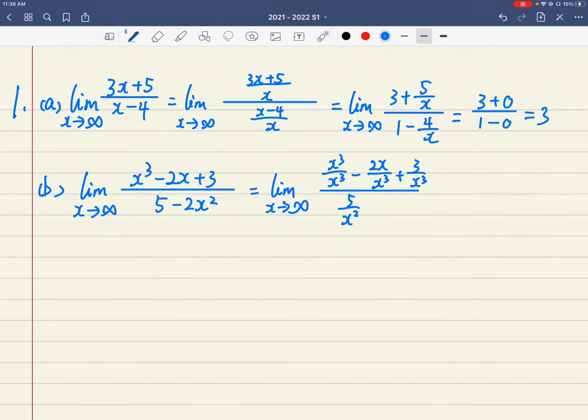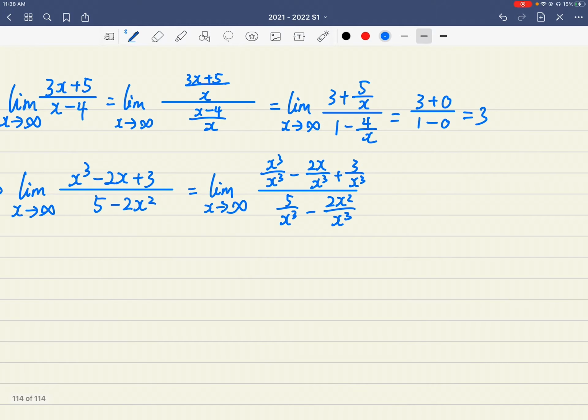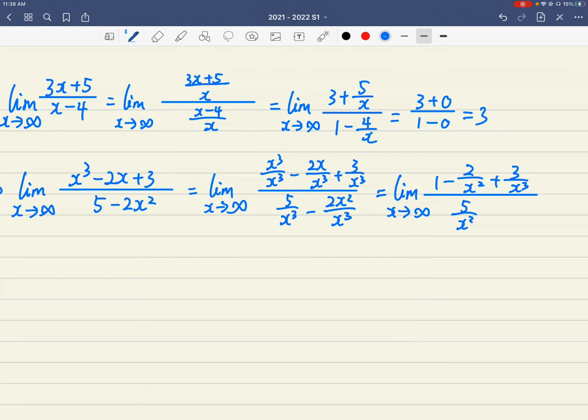You'll see the top is 1 minus 2 over x squared plus 3 over x cubed, over 5 over x cubed minus 2 over x.